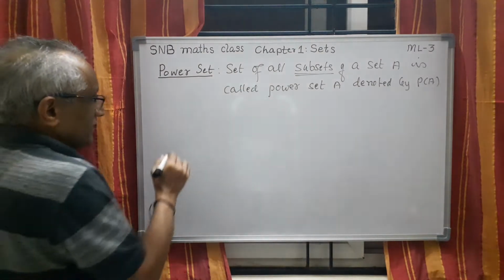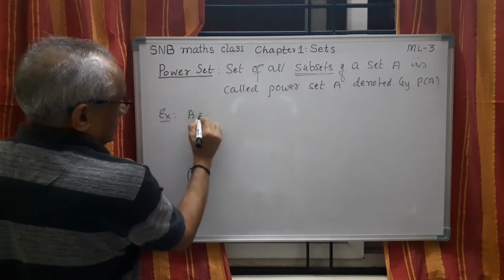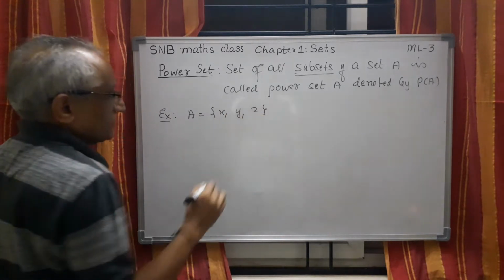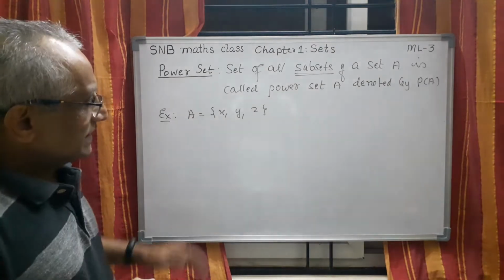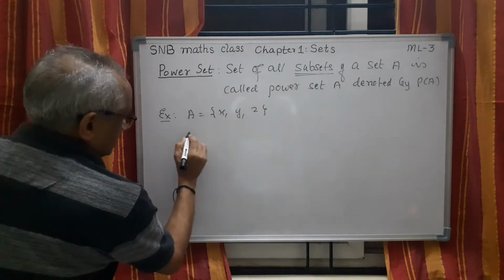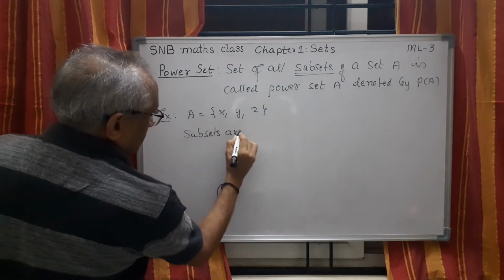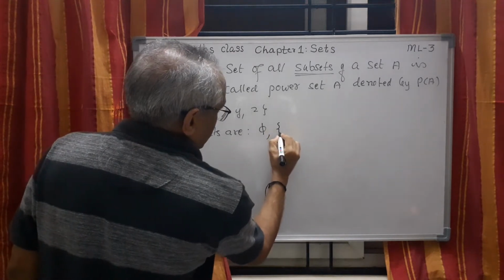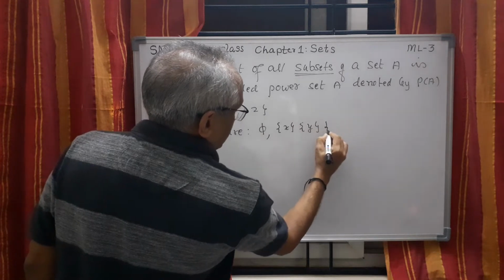Let me give one more example. Say A equal to {x, y, z}. So this set contains 3 elements. Now first let us list all the subsets. So subsets are, first one is phi, then the next one is {x}, then {y}, then {z}.